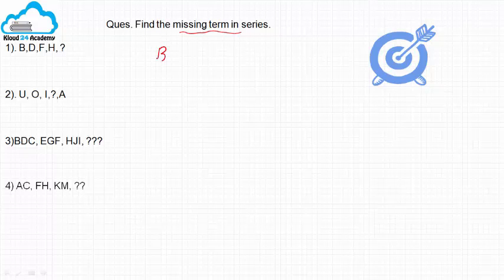The first alphabet is B, then they have left C. Next alphabet is D, then they have left one alphabet, E. Next alphabet is F, they have again left one alphabet, G. Next is H, so we have to leave one alphabet, which is I. So our answer will be J. All they have done is leave one alphabet, or plus two.